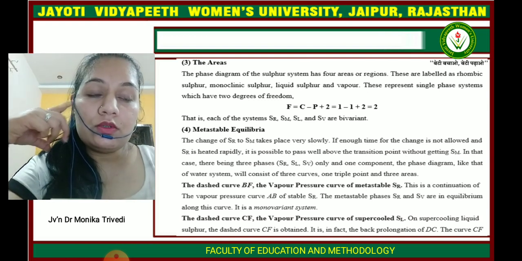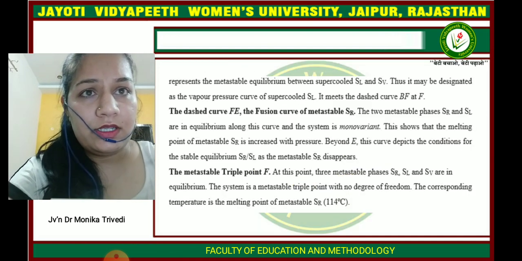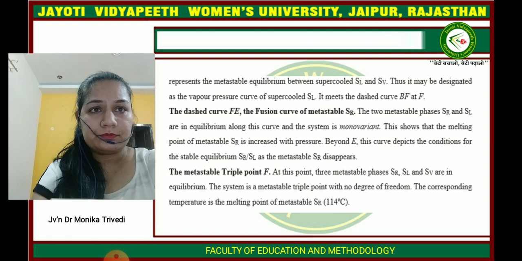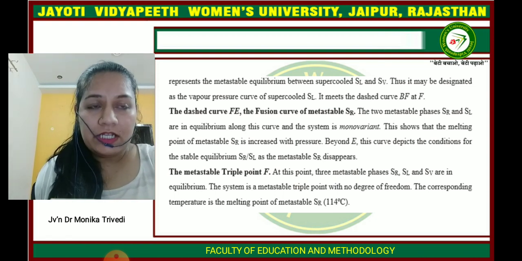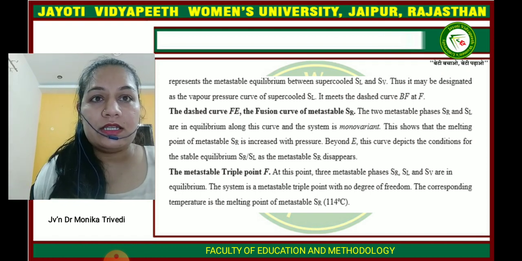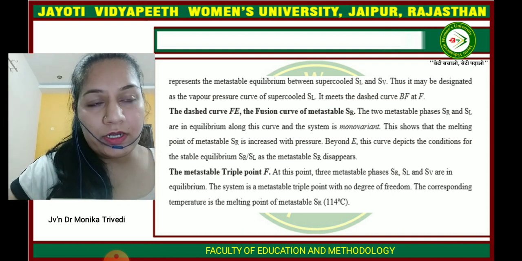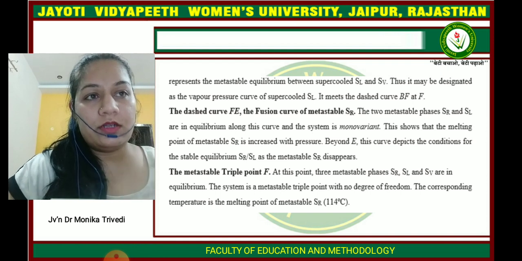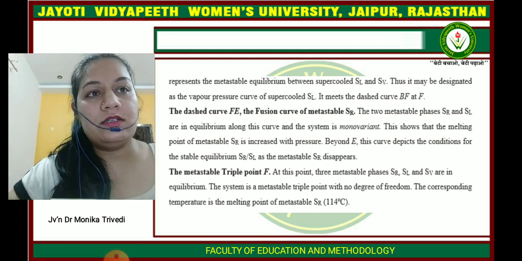In this system, the metastable equilibrium is between supercooled liquid and sulfur vapor, thus it may be designated as the vapor pressure curve of supercooled sulfur liquid. It meets the dashed BF curve at triple point F.